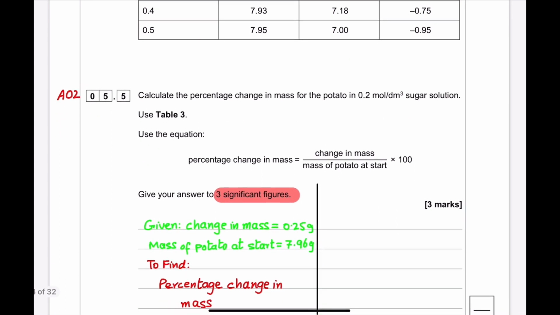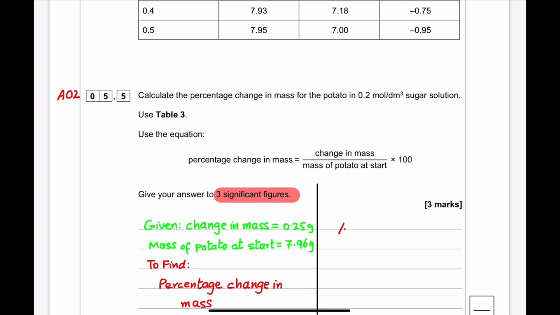To find is percentage change in mass. The student needs to use the above equation, which is already mentioned. Put all the values here, we will get the answer.